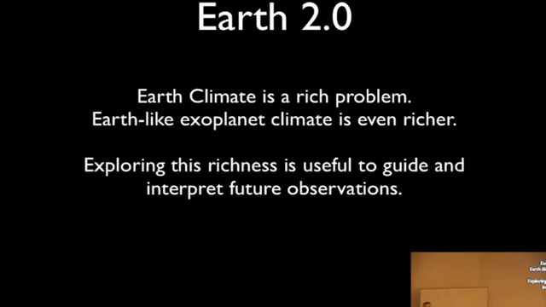It's a very rich problem, and so people are exploring from a theoretical point of view what might be happening, what sort of climates we might achieve on those planets, and if anything, this might be a good guide as to what we might find in terms of habitable or non-habitable planets when we start discovering and characterizing more of these Earth-like planets around M dwarfs, which are a priority of astronomers in terms of searches.